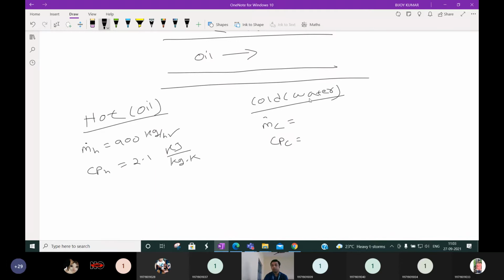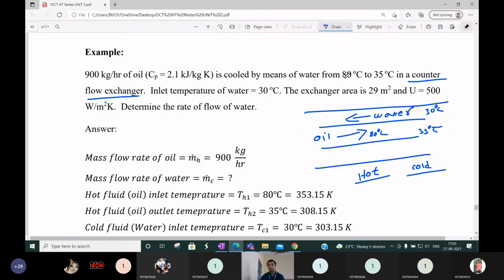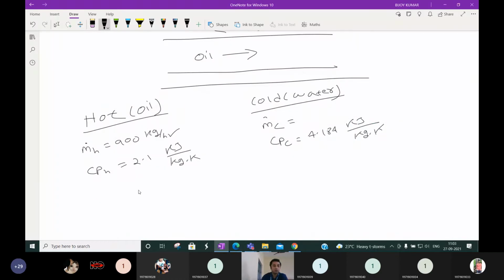The cold fluid is water, and the specific heat of water is most common. You have to remember it, as generally it will not be given in the question. That is 4.184 kilojoule per kg Kelvin. And the hot fluid temperature is decreasing from 80 degrees to 35 degrees centigrade. So TH1 is 80 degrees centigrade and TH2 is 35 degrees centigrade.